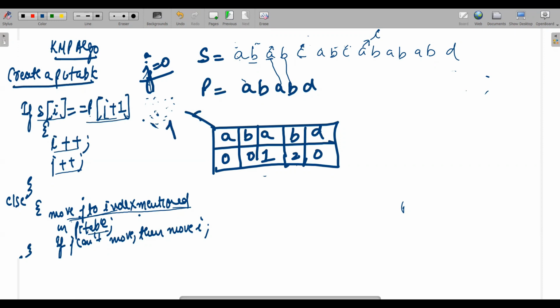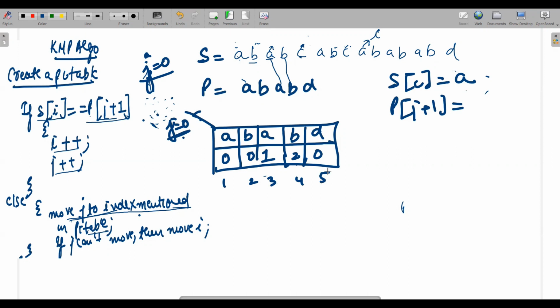Your j actually is at 0 location. Again, we are going to check S of i, which is A, with P of j plus 1. Earlier j was at 0, so j plus 1 would be 1, P of 1. Its answer is A. A and this A match. So I will move my index of j, so j comes over here.